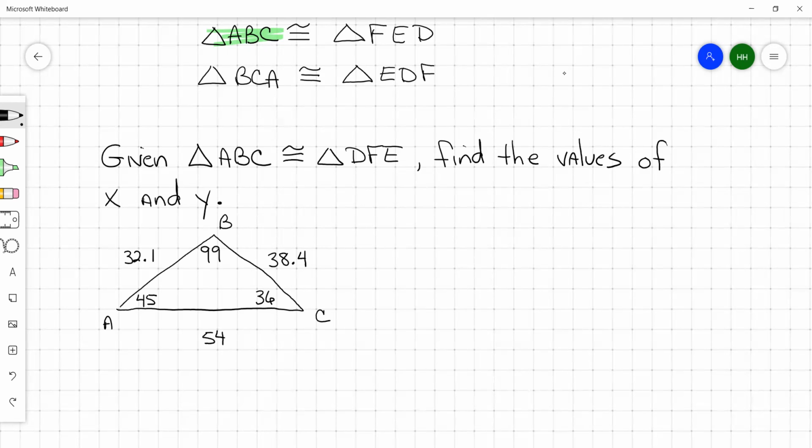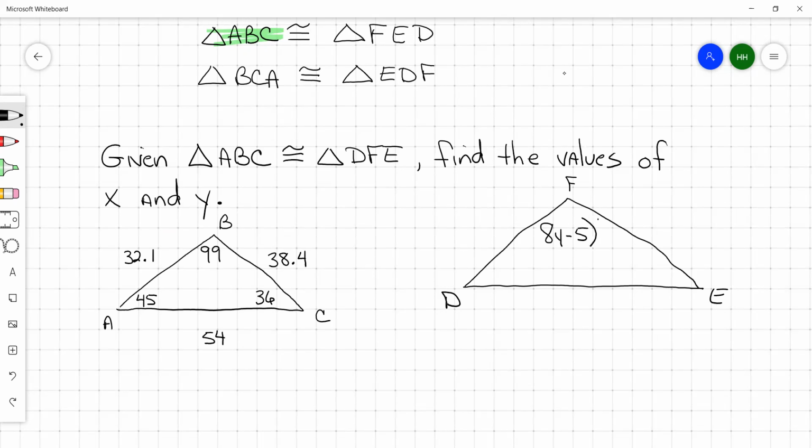Then you get this second triangle, and it's DFE. And this angle F up here is 8y minus 5. And side FE is 2y plus x.